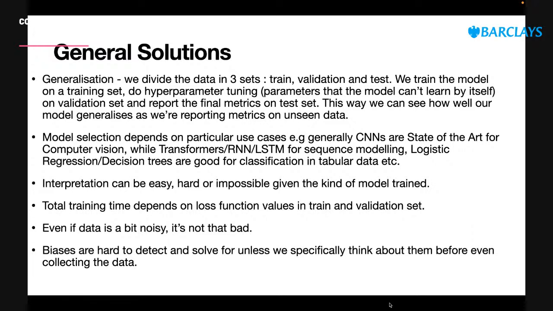We train our model on the training data set, and also we do hyperparameter tuning. Hyperparameters are what the model cannot learn by itself, so we need to tune them. Then we validate properly, and train our model on that.